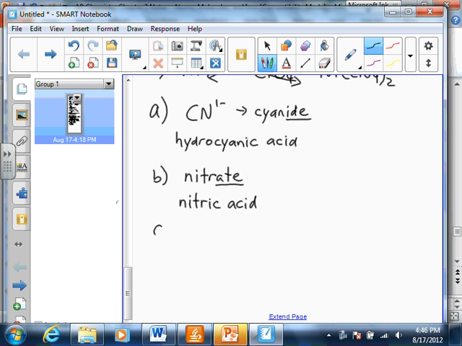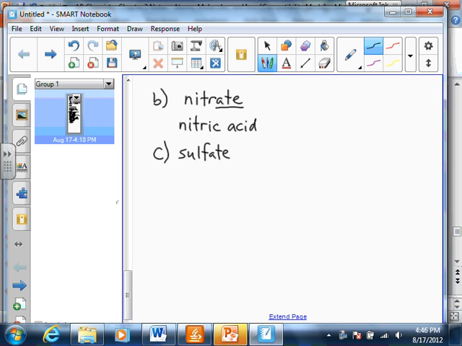C, H2SO4, that's sulfate, so we're going to call that sulfuric acid. Notice I haven't put hydro on the front of either of these last two because they both end in ATE.